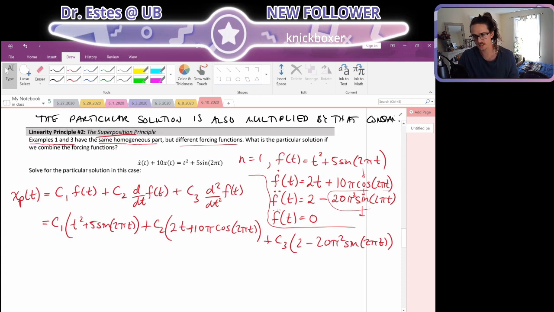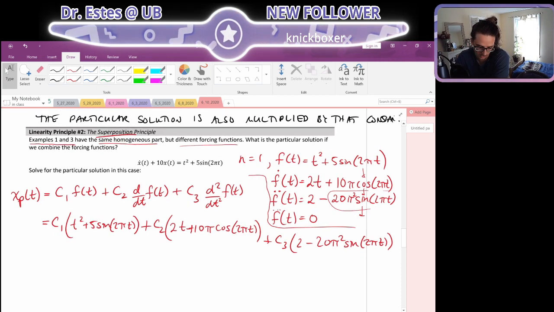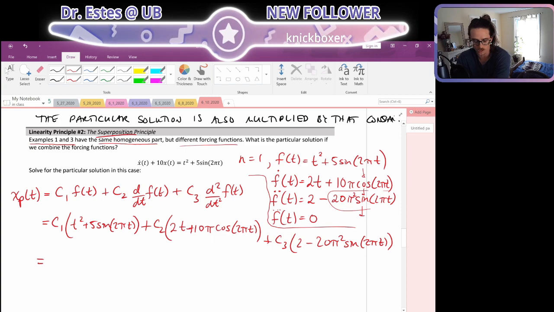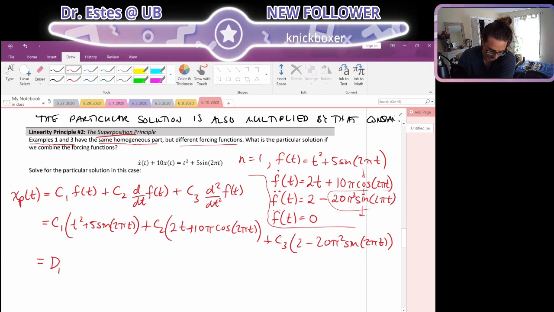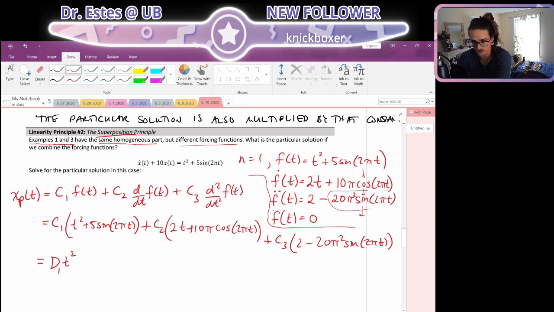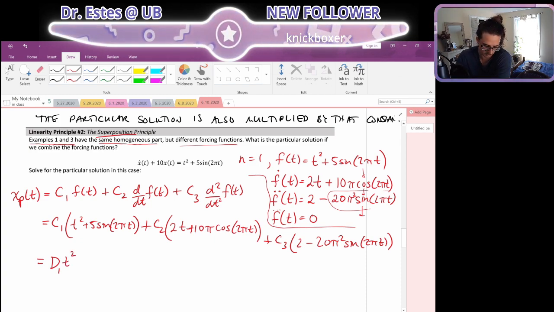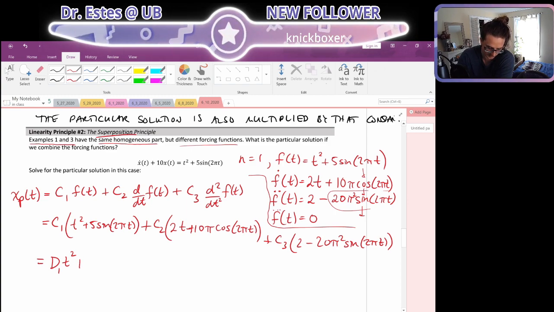Now, if we go across here and take inventory of all the different types of functions that we've introduced, I'm just going to call all of these coefficients d, because we're going to start combining some things. But we're going to have something times t squared. We're going to have something times t.